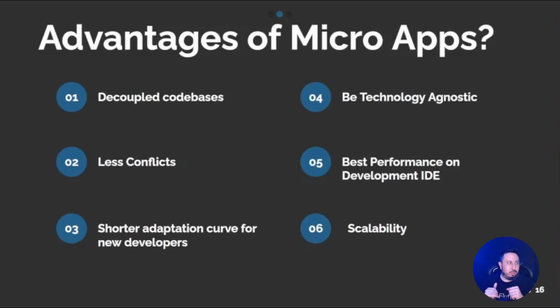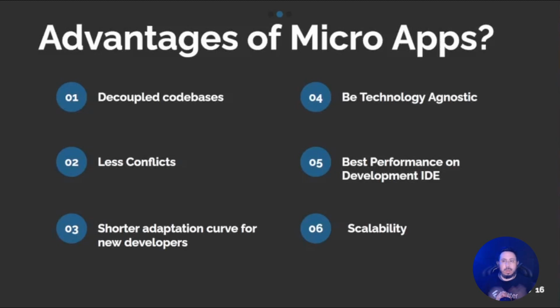Be technology agnostic. As we have separated micro apps, each micro app can have its own state management, its own dependency injection, its own way of organizing things. I prefer that the entire app use the same approach, but using micro apps, it's very simple to change.